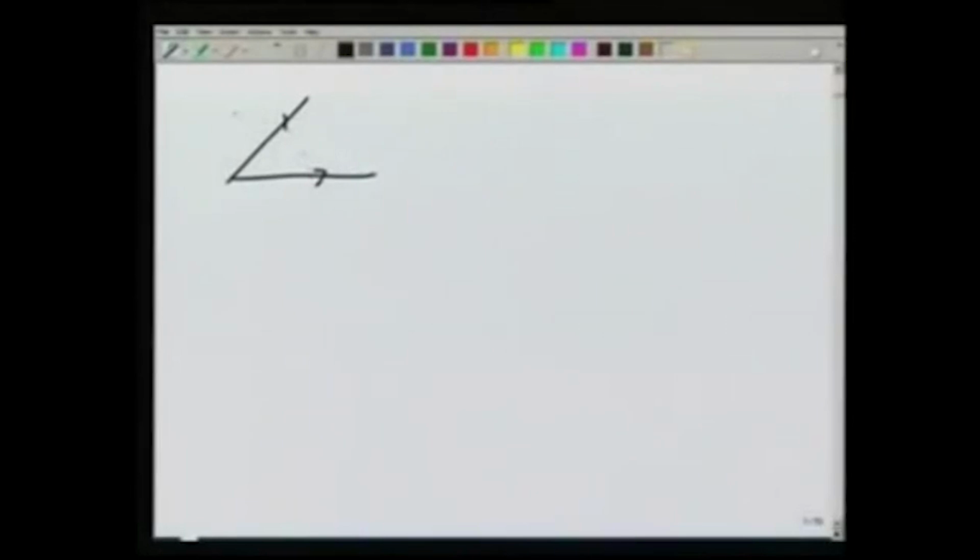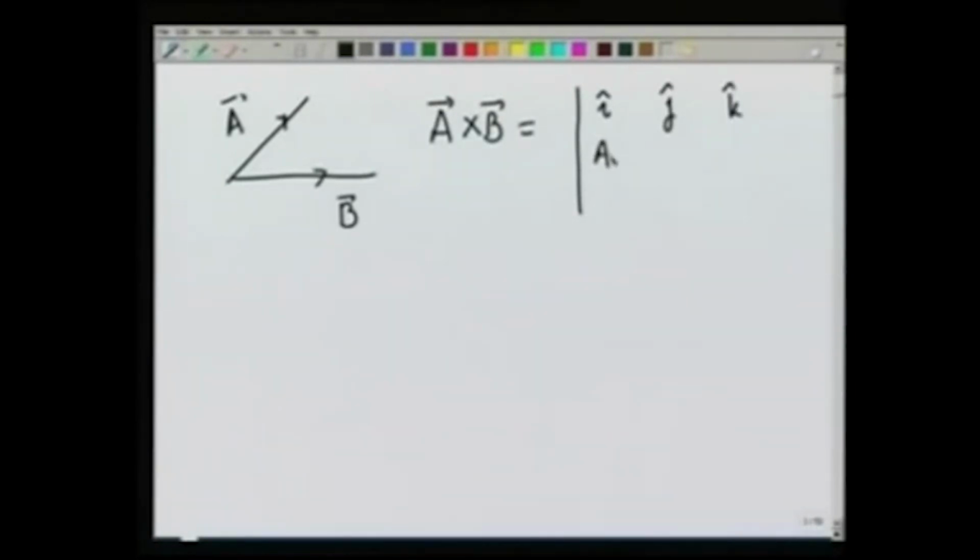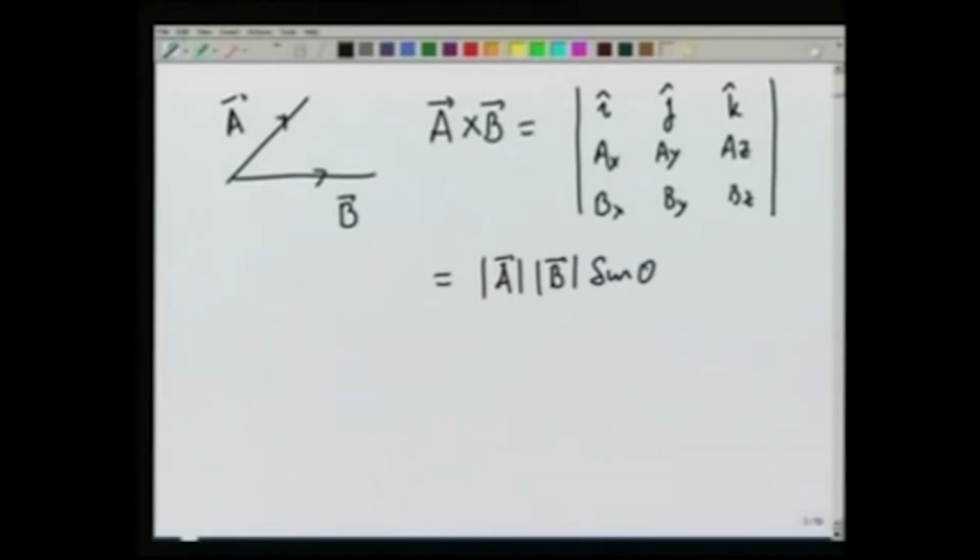Similarly, if I look at two vectors a and b, then a cross b, which I can write as the determinant i j k, a x a y a z, b x b y b z, is also equal to magnitude of a times magnitude of b times sine of theta, where theta is the smaller of the angle between a and b.